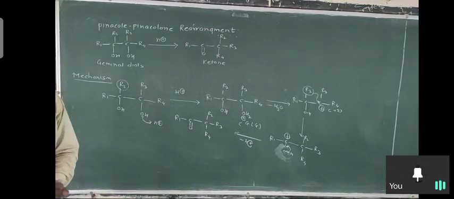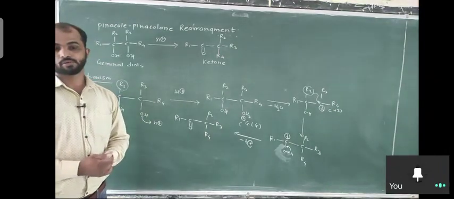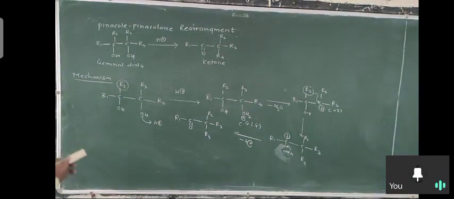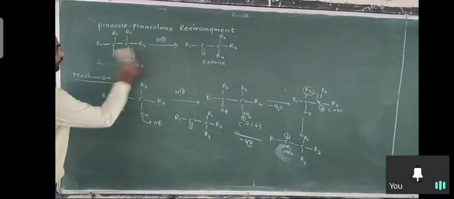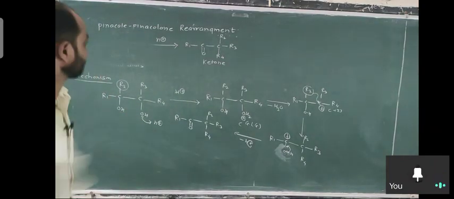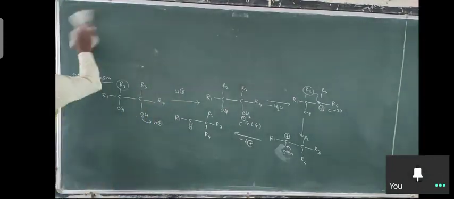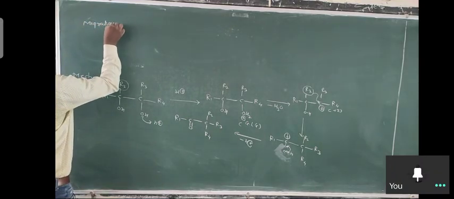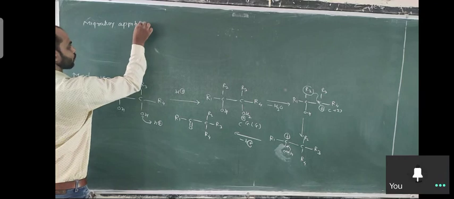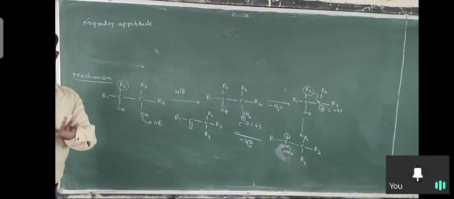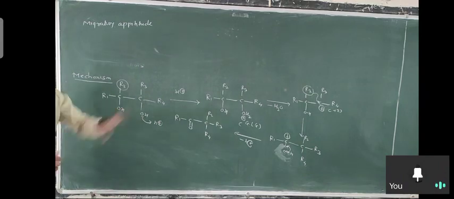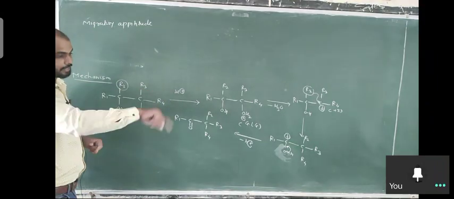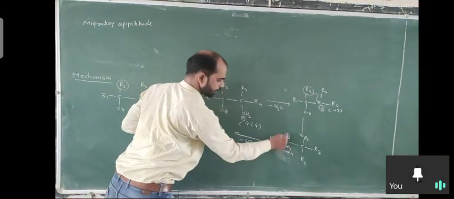For that you must know what migratory aptitude is. We discuss the migratory aptitude of this pinacol-pinacolone rearrangement. First, know which group is migrated, then do the protonation on the opposite carbon to form the carbocation first, then the group which is migrated, and you can write this migration and this step in one step.